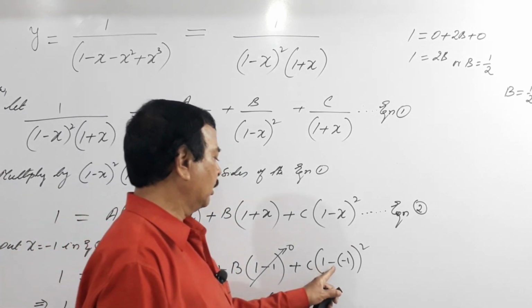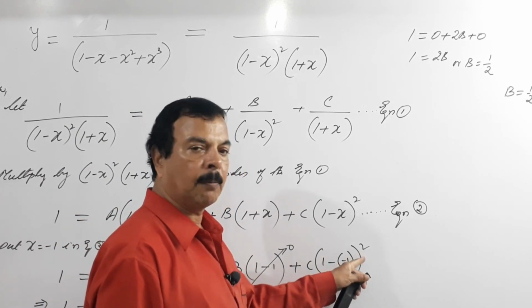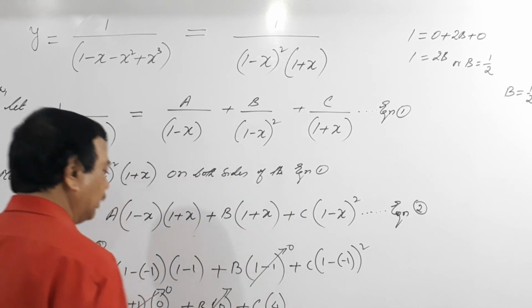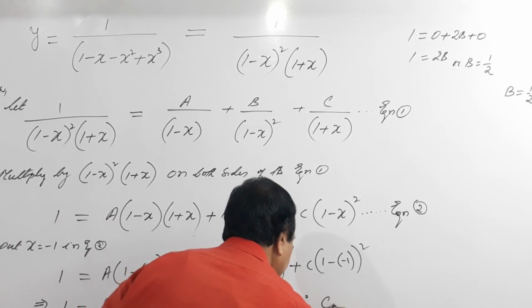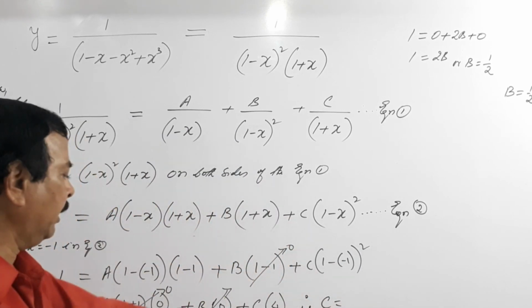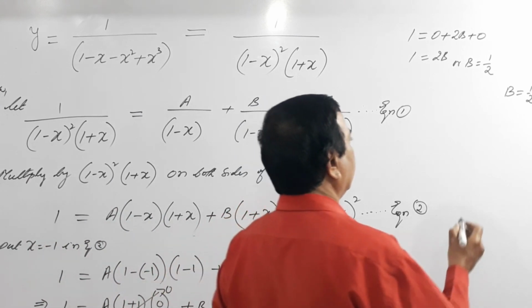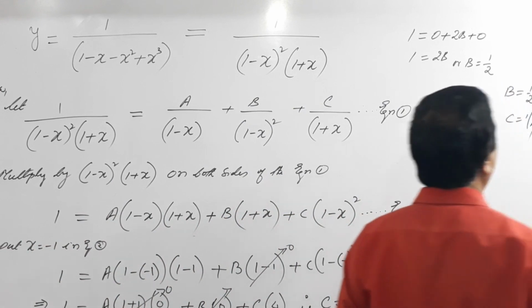See here, minus into minus plus 1 plus 1 is 2, 2 to the power of 2 is 4. So this is also 0, therefore c equals to 1 by 4.